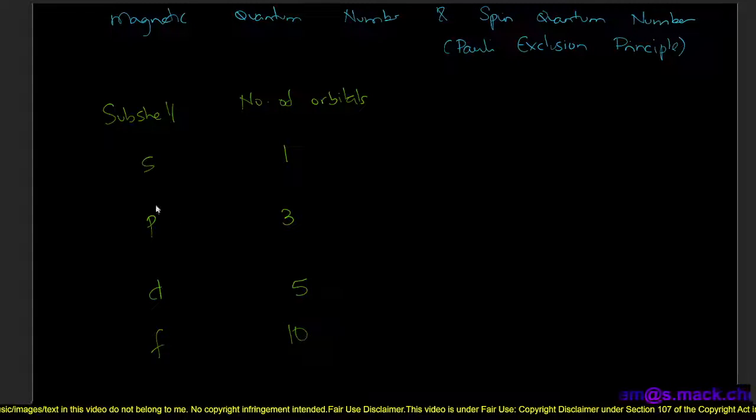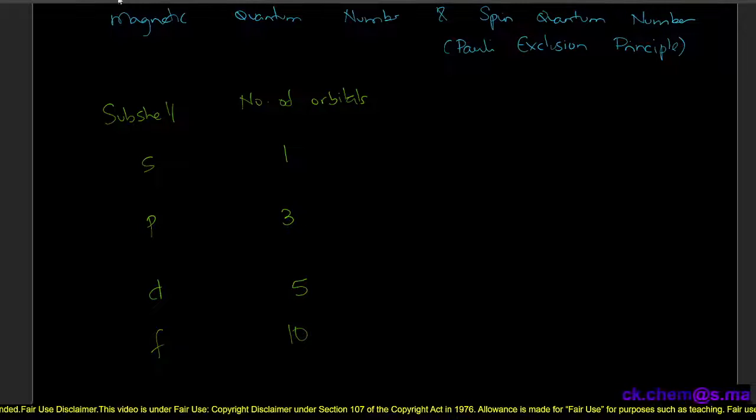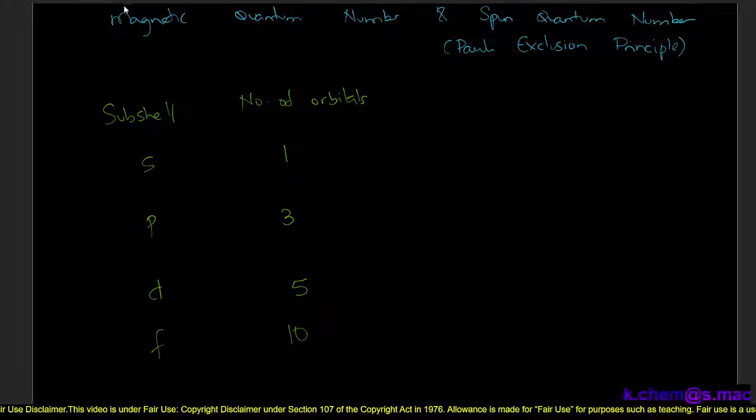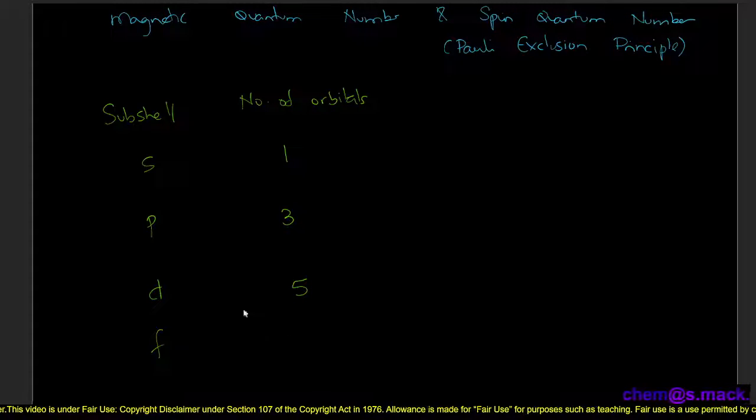So once again, the S subshell consists of one orbital, the P subshell 3, and the D subshell 5. In your course of study, we will only be assessing up until the D subshell, but you are to understand that the F subshell has 7 orbitals. Sorry, I don't know why I wrote 10. So it should be 7.